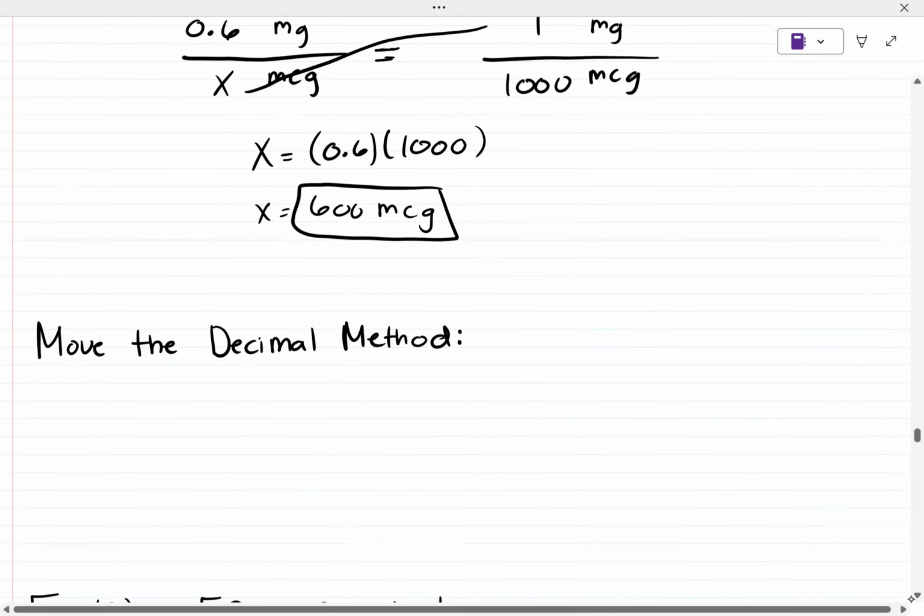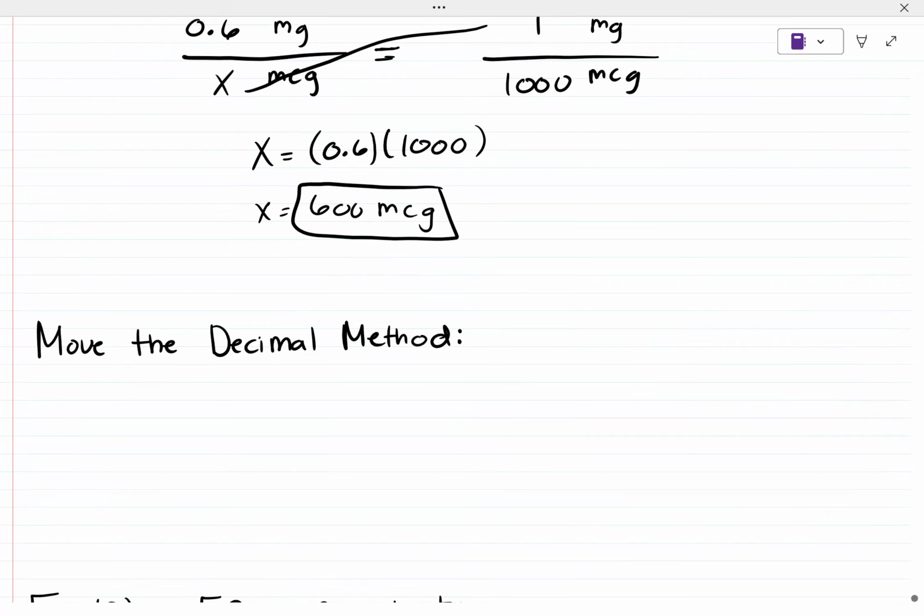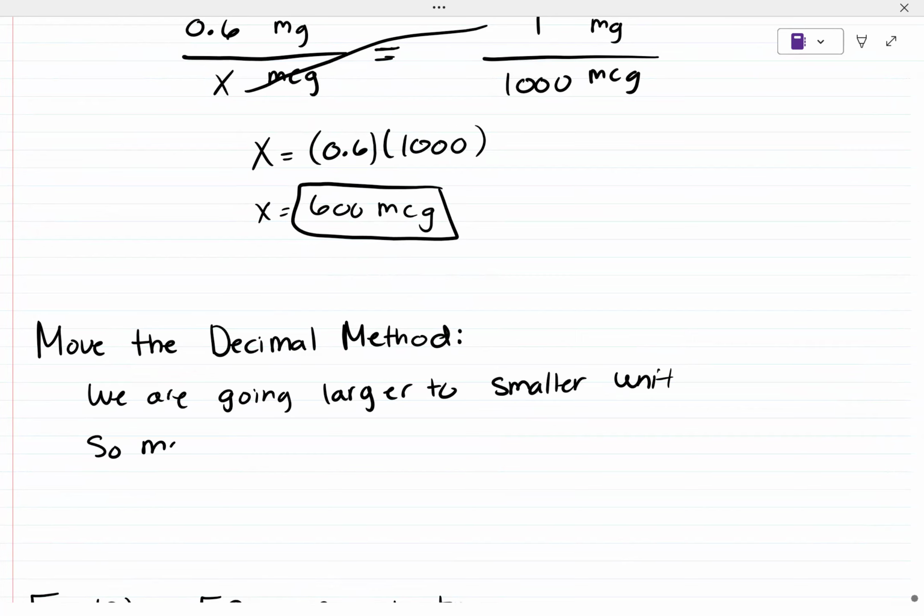Okay, move the decimal method. So we are going from a larger, right? Mg is pretty large, and then mcg is kind of smaller. So we're going to move the decimal, bring it to the right.